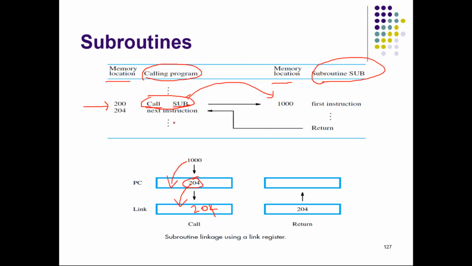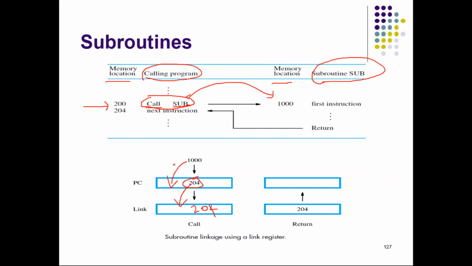So these two things happen during the execution of call. First, the original content of PC is moved to the link register, and the content of PC is replaced with the starting address of the subroutine, which is specified in the call instruction.